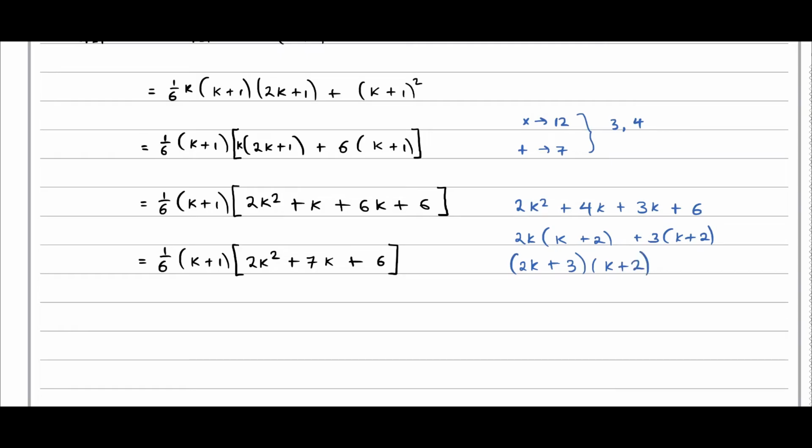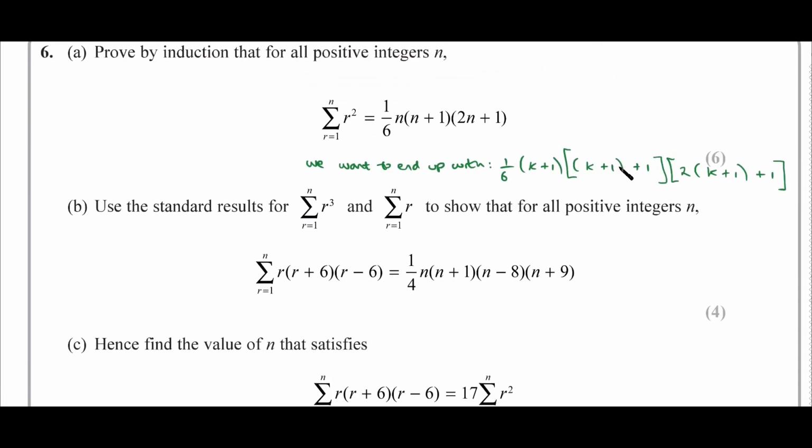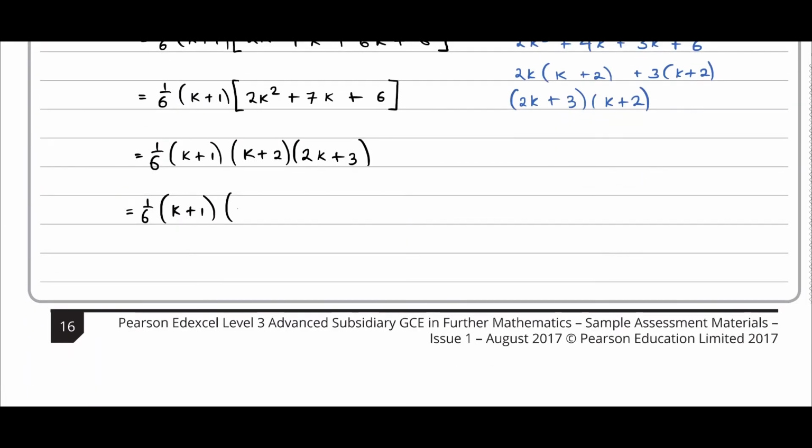So with that being said, we have 1/6 lots of k plus 1, and here we can rewrite this as k plus 2 lots of 2k plus 3. Now, we can rewrite all of this as 1/6 lots of k plus 1. And the k plus 2, we can rewrite that as k plus 1 plus 1. So instead, I'm going to write this in a big bracket.